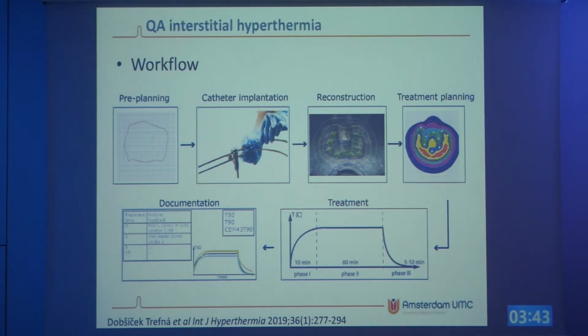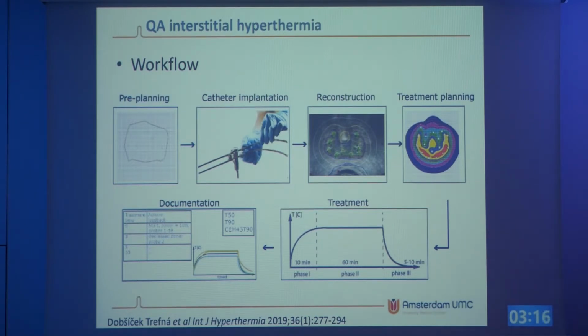The workflow for interstitial hyperthermia involves, first of all, a pre-planning of your implant, which is quite important, because this is the moment where you really determine your heating capability within that implant. Then you implant the catheters according to that plan.